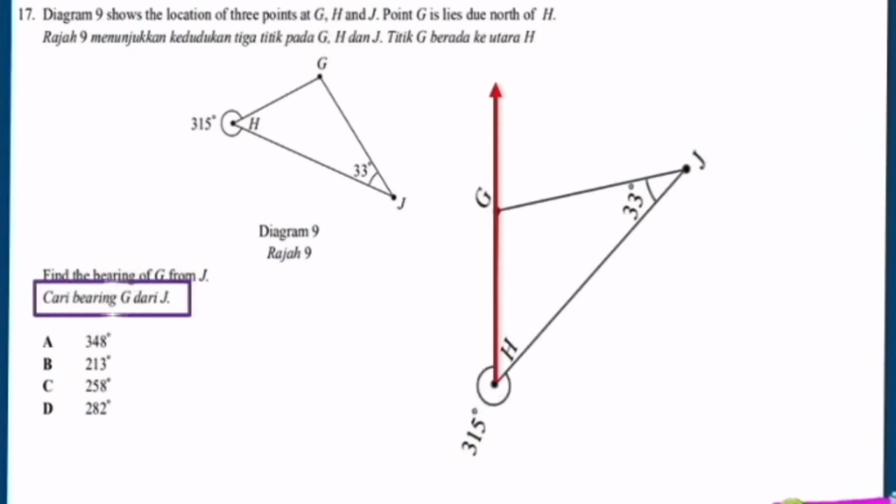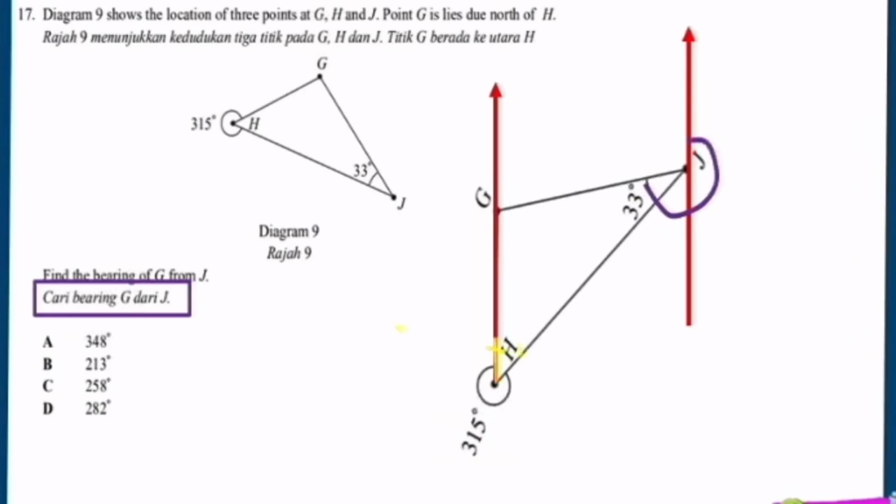Alright, then we need to work out the angle. We always draw two norths because we need a parallel line so that we can work out the Z angle. Z represents the same angle, right? So we can find out the angle. You can see the angle that I highlighted in yellow.